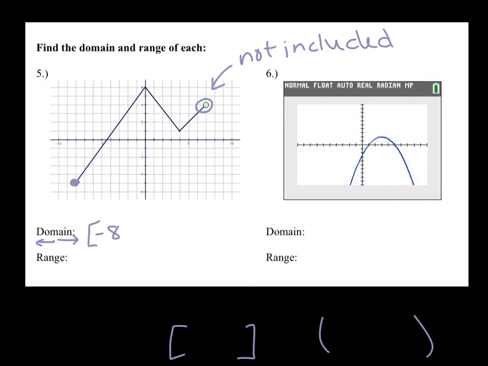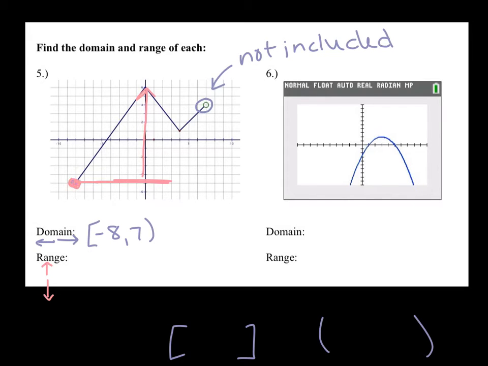Because that dot is not closed in, it should not be included in your domain. It's everything up to 7, so essentially 6.9 repeated forever. So we're going to go to 7 but not included, so we'll do parentheses. And then the range is from bottom to top. So the lowest y value is there at -5, and the highest y value stops at 6.